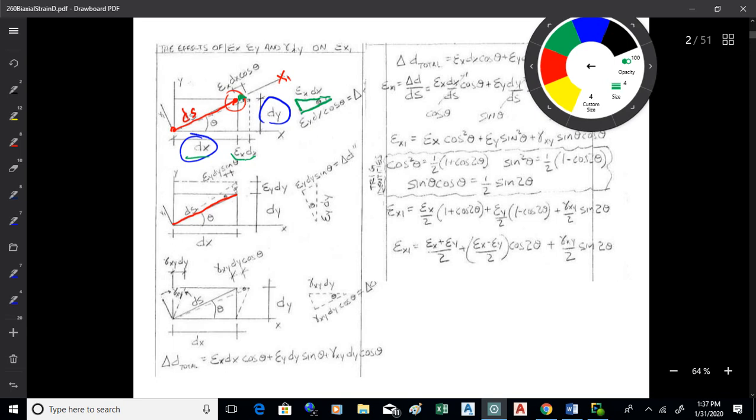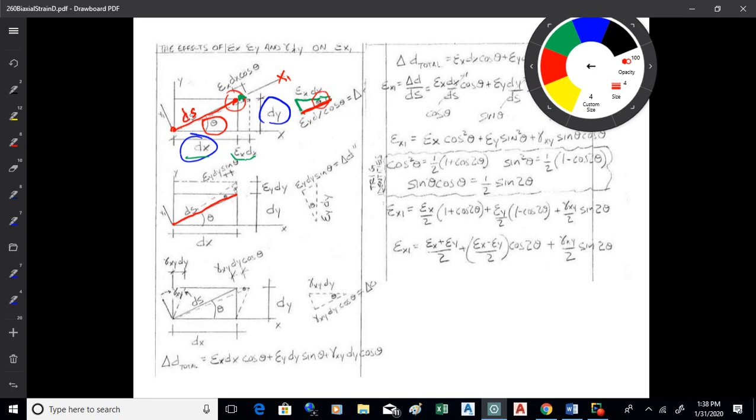The top hypotenuse will be epsilon x dx, and what we're going to be interested in is the lengthening right here, the delta right there. Now the angle of the vertex of that triangle is going to be pretty close to this angle that we're measuring across our rectangle for ds. Not exactly, but close enough, okay?